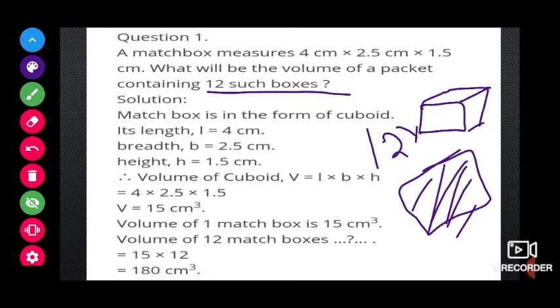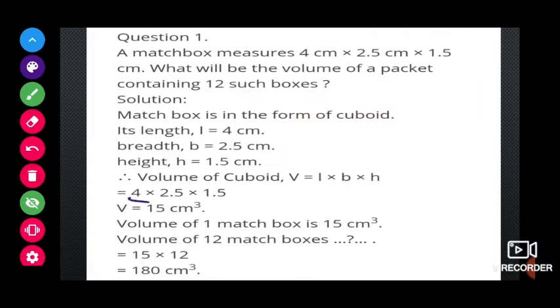So first find the volume of the matchbox. It is in the shape of a cuboid. We have length, width and height, or length, breadth and height. Volume of cuboid is equal to L into B into H, as we already know. So L into B into H is 4 into 2.5 into 1.5.